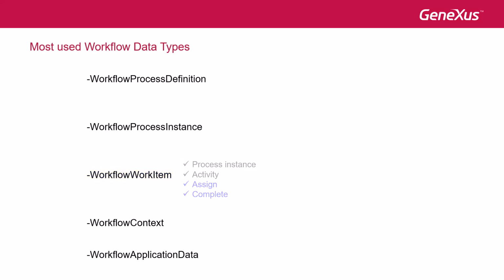The workflow context data type provides us with information on the context of execution of an application associated with an activity. This context is automatically instanced when the application associated with the activity, that is, the task, is a GeneXus object that is part of the same KB that contains the process diagram.